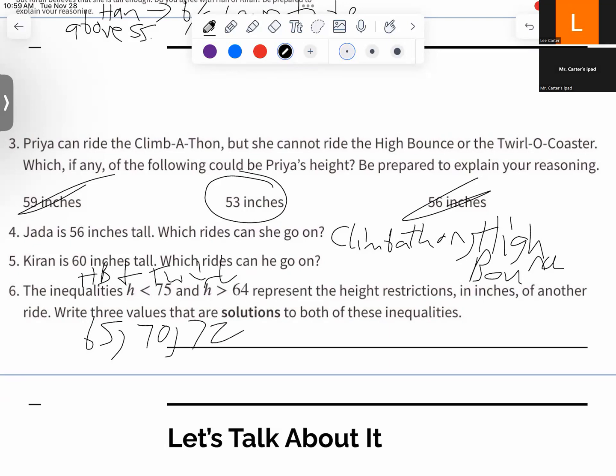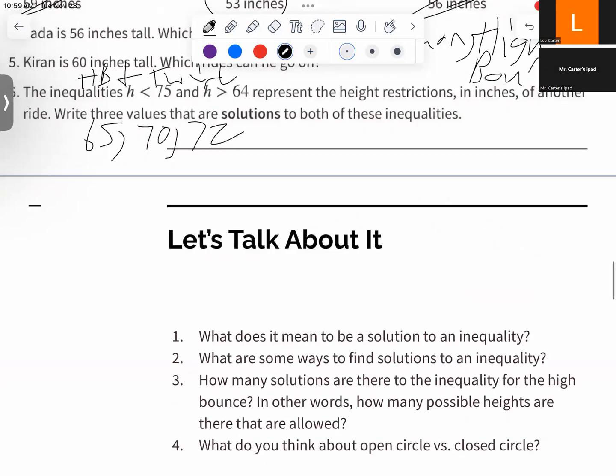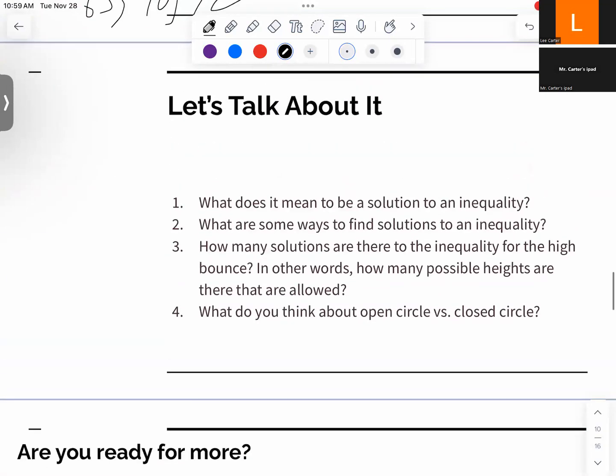Any of those numbers that are above 64 and less than 75. Okay, so to be the solution means it works in that inequality. Okay, and some ways to find some solutions is you draw the number lines and kind of helps you to think through them. All right. So that's kind of the idea there. Okay. Just to basically think through the situations and what makes sense of the situation.